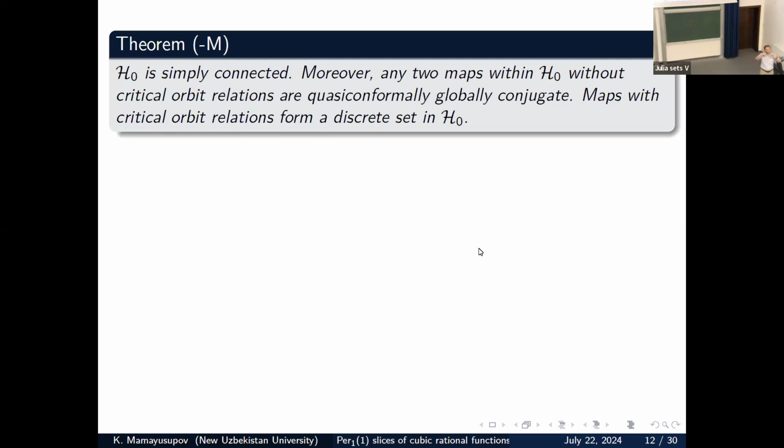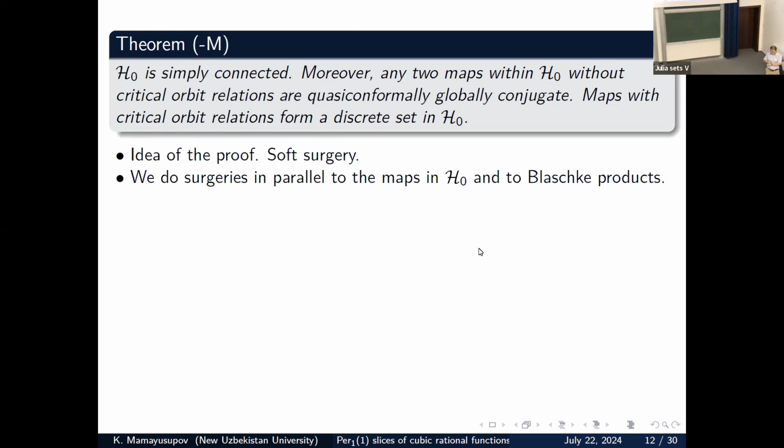So it creates a critical orbit relation. If you don't have a relation, then any two maps can be globally conjugated together. So in a sense, you can also have parametrization with respect to this quasi-conformal surgery. And if you have this critical orbit relation, it is a discrete set.